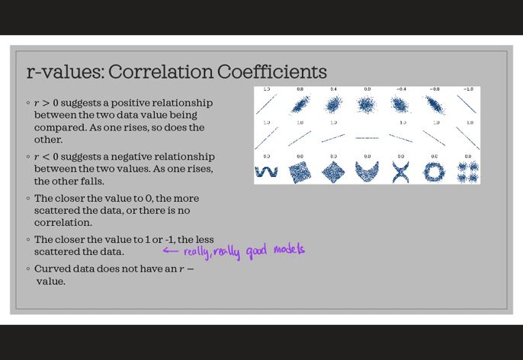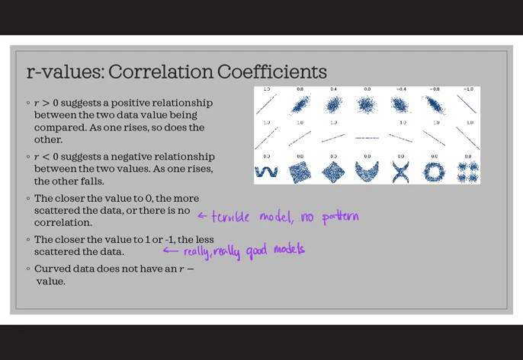As that R value gets closer and closer to 0, that means I have a terrible model, and probably that I shouldn't even be using a model, meaning there is absolutely no pattern at all to our data.